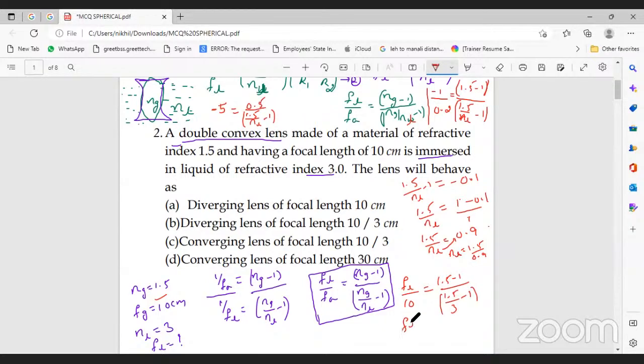So FL by 10. What is 1.5 minus 1? 0.5. Correct, no? What about this? 1.5 by 3 is 1 by 2. 1 by 2 minus 1 is minus 0.5, right?